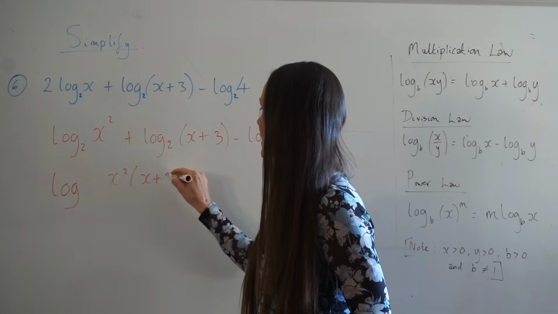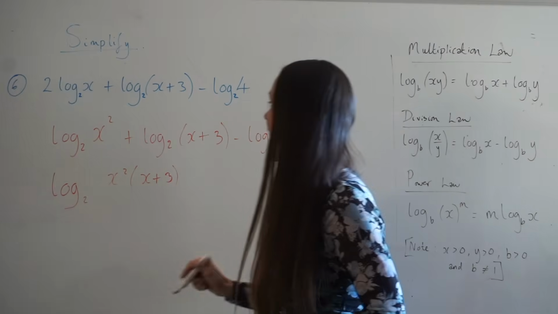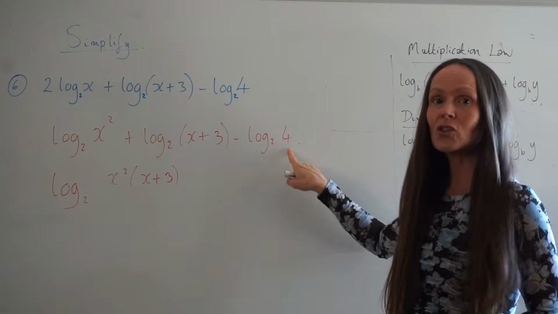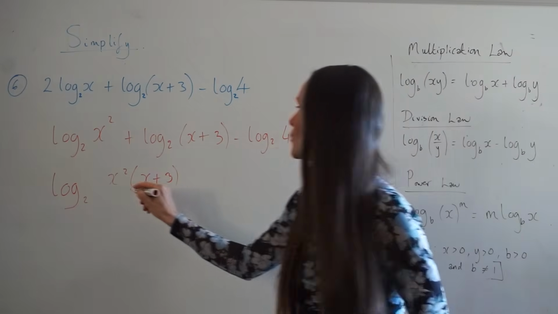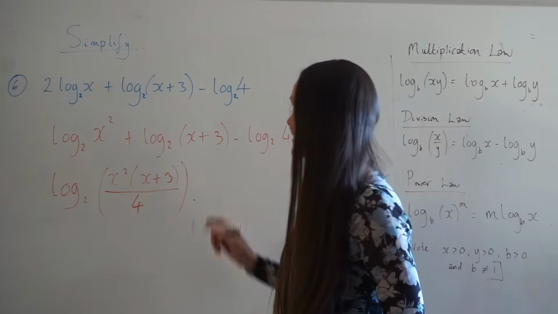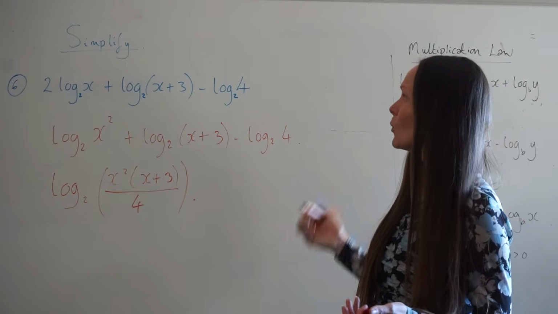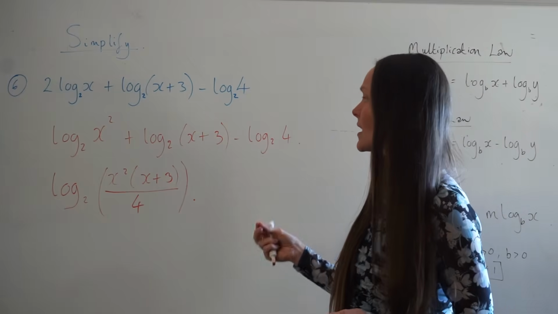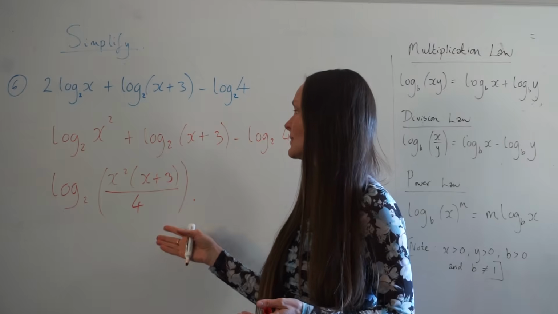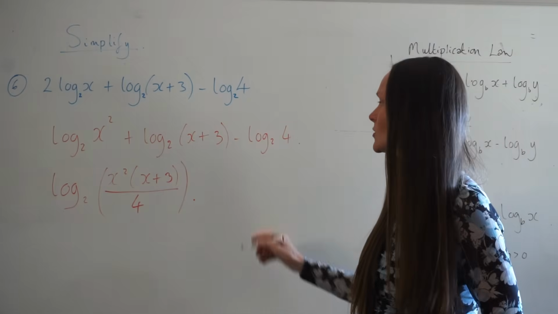I'm just going to leave it like this with brackets. And the one that you're subtracting is the one that you're dividing by, so the denominator is going to be 4. We're dividing this by 4. And that's all you have to do in number 6. We've simplified it, we've written it as a single logarithm, and you could expand the brackets, but it's not necessarily simpler, so I'm just going to leave it like that.